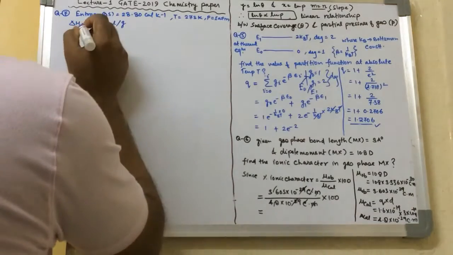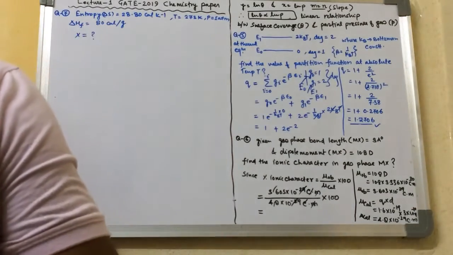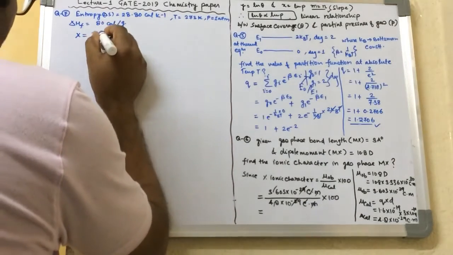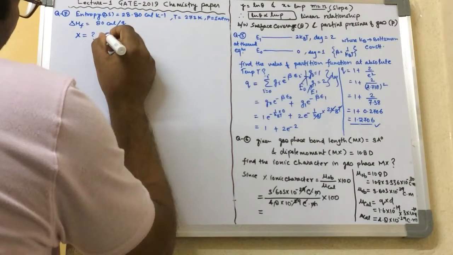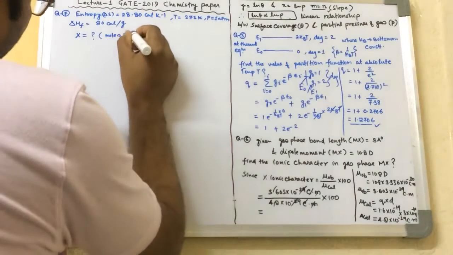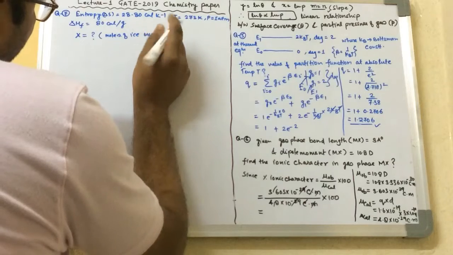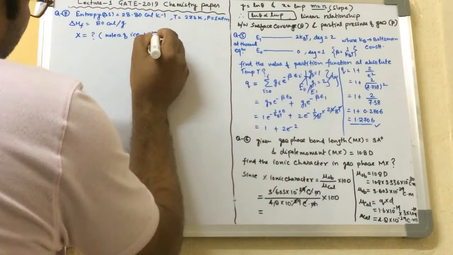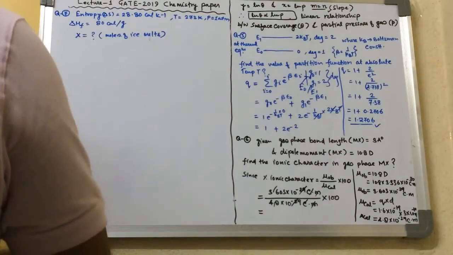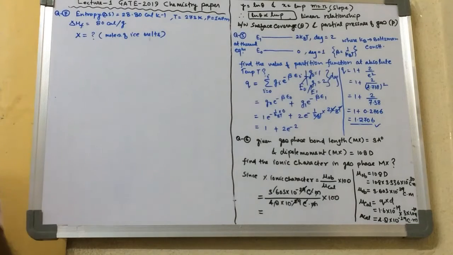So we have to find X, how many moles of ice melt. How much amount of your ice melts, that X value you have to find.